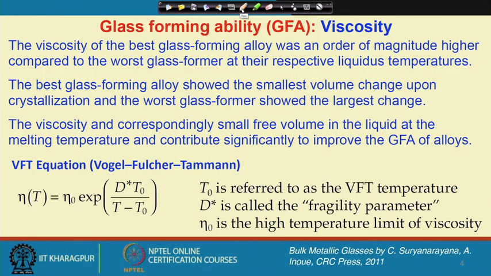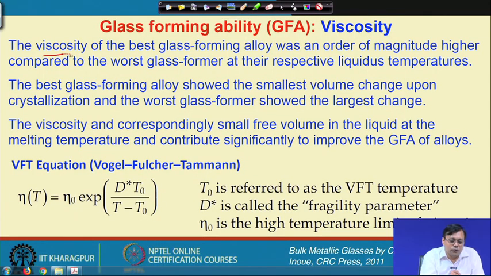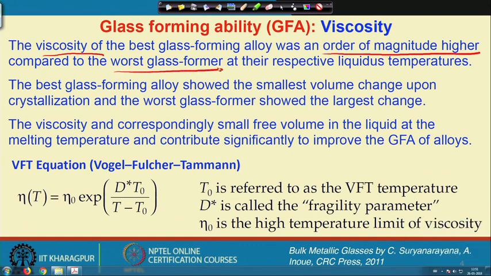So it is basically the solid viscosity. A best glass forming alloy will always show a higher liquid viscosity, almost an order of magnitude higher than the worse glass former. Also, the best glass forming alloy shows the smallest volume change upon crystallization, whereas the worse glass former always shows a larger volume change.